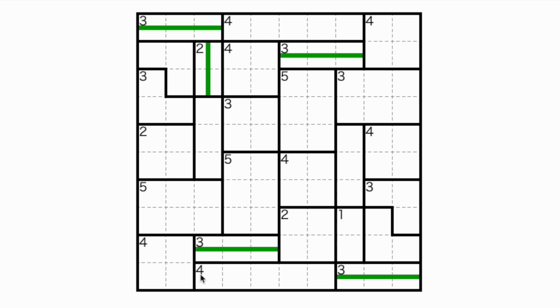I think we're gonna get to do a lot with this 4 in a 5-cell horizontal region as soon as we have 1 of them. The rest are gonna fall in line, but there's a ways to get there. These 5 regions in a 6-cell area are going to have to, the 5-ness of it is going to have to go in the direction of the length of the thing, because however we split this into 5 and 1, we're going to have 3 that are the same part of the 5 in the same column, and they're not going to be able to be horizontal.